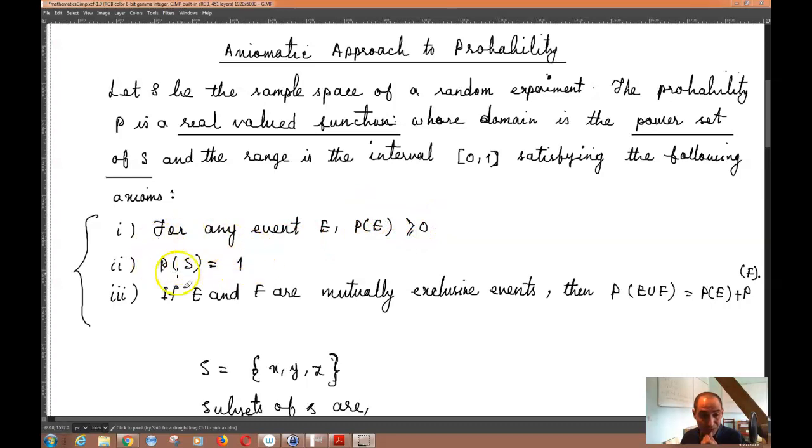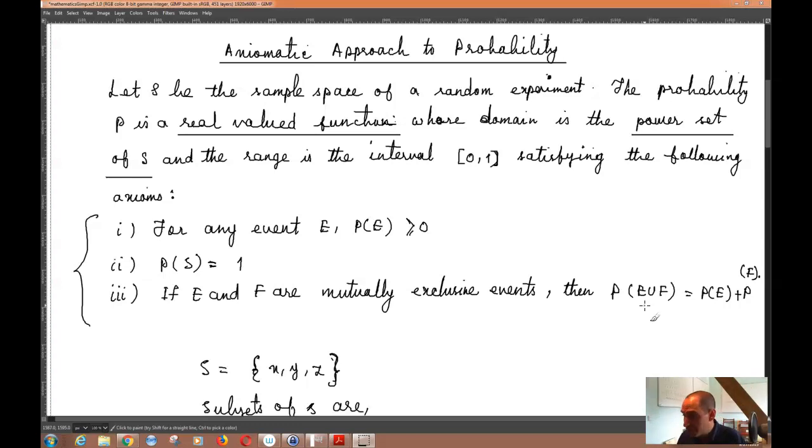Now P of S is equal to 1 because, as we mentioned before, S basically is the set that contains all the possible outcomes of the experiment, and if E and F are mutually exclusive events, then P of E union F is equal to P of E plus P of F. Now I understand what that means, but I don't know why they have said so. We will find out as we go along.